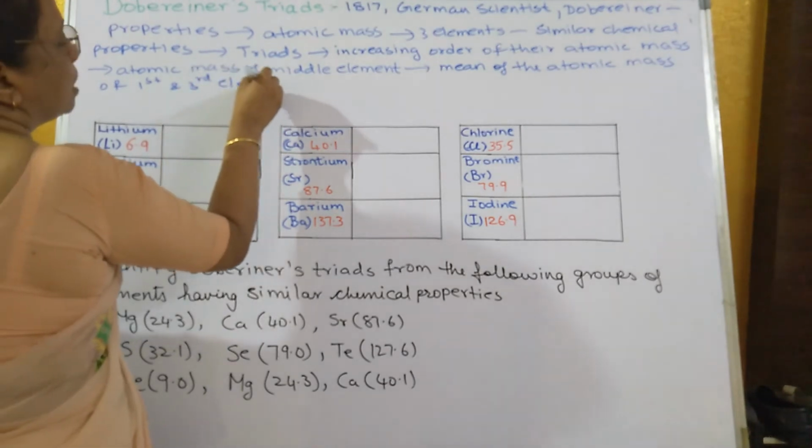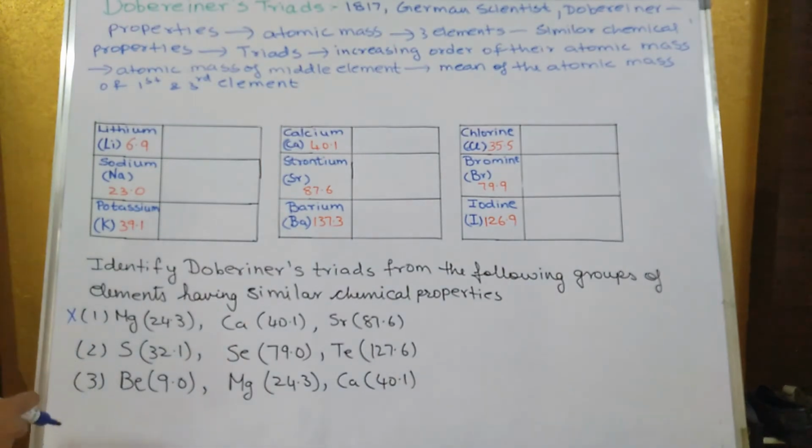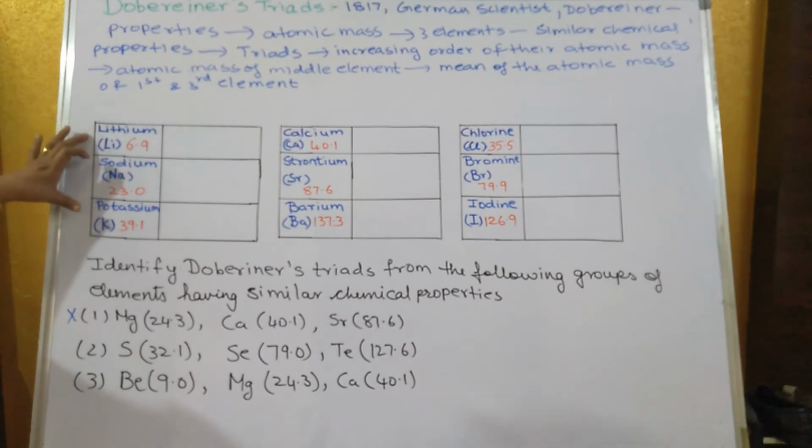Now what is the meaning of this? When he arranged the 3 elements having similar chemical properties, like for example lithium, sodium and potassium, he found that the atomic mass of the middle element was approximately equal to the mean of the first and the third element.